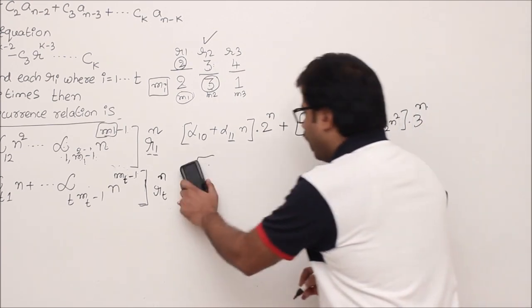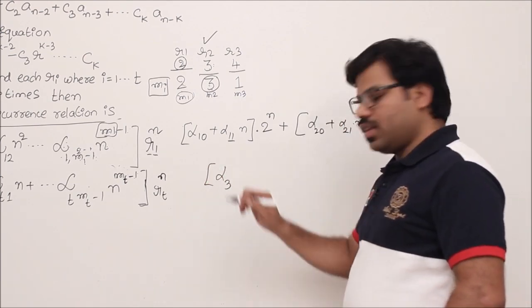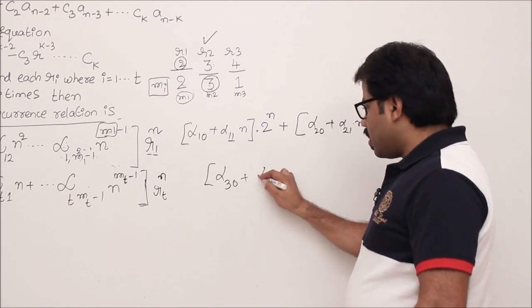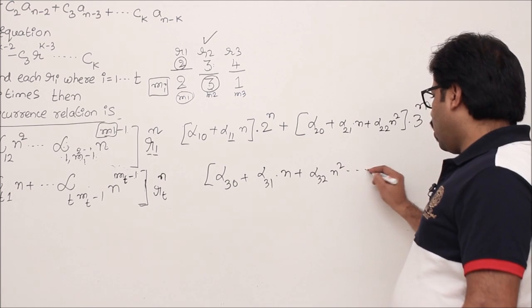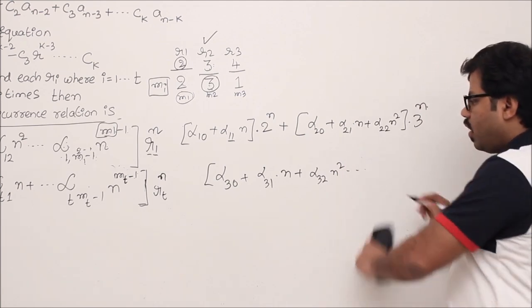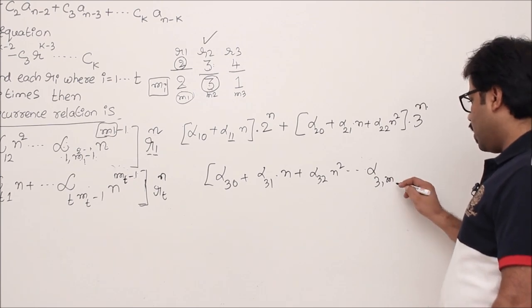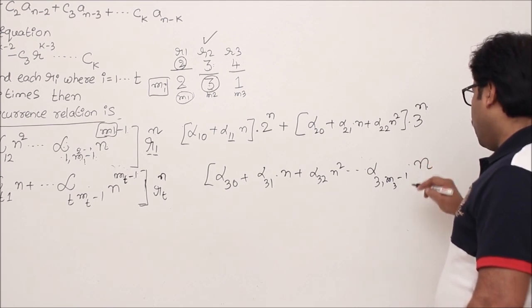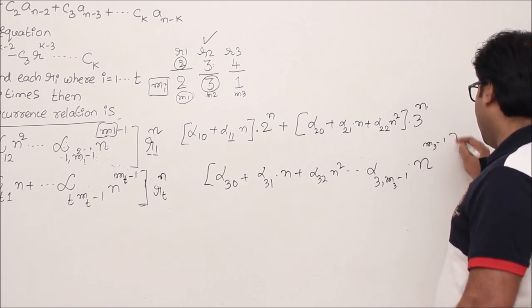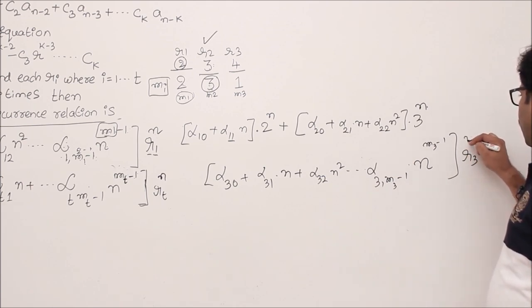Similarly, the third one. For the third one, the equation will be like this: alpha 3,0 plus alpha 3,1 into n plus alpha 3,2 into n square, and so on. The ending point is alpha 3, comma, repetition minus 1: m3 minus 1 into n power m3 minus 1, into the root power, let's say r3 power n.